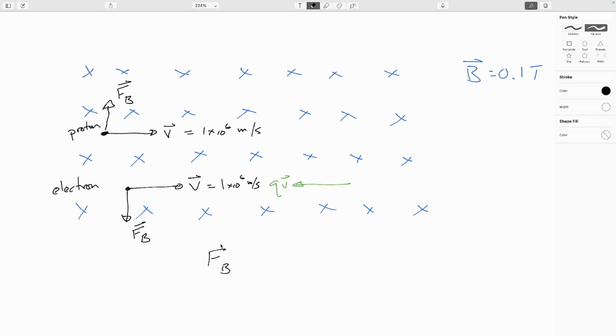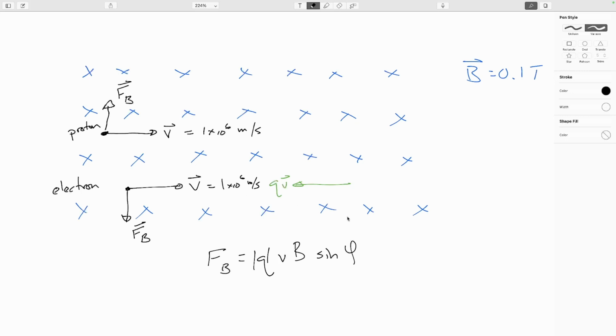So the magnetic force, the magnitude of it will be absolute value Q, V, B, sine phi, where phi is the angle between V and B. Now here, V is pointing straight to the right, B is pointing into the screen. So that's a 90-degree angle.